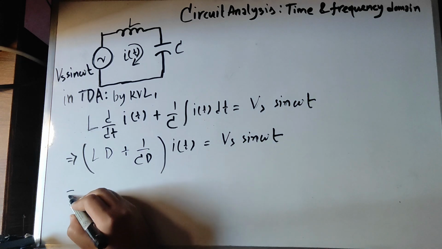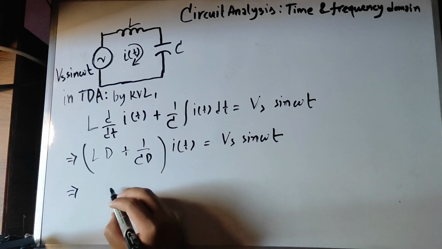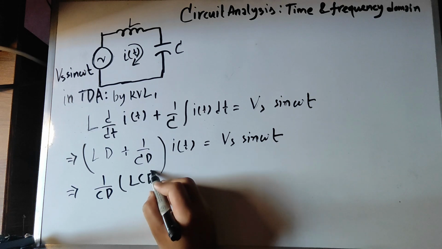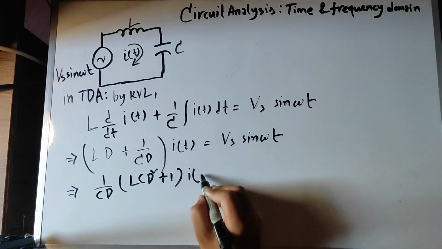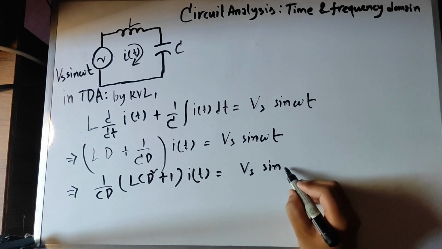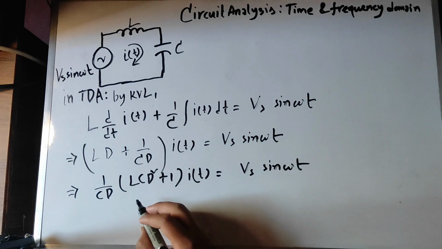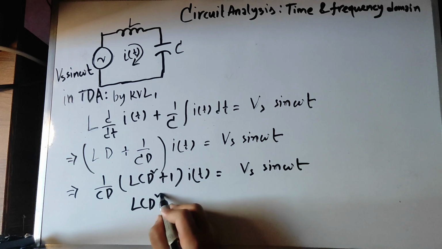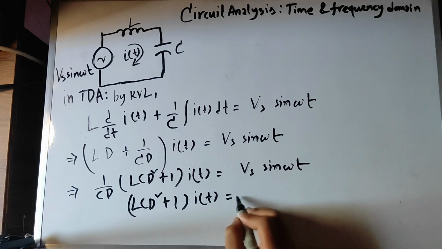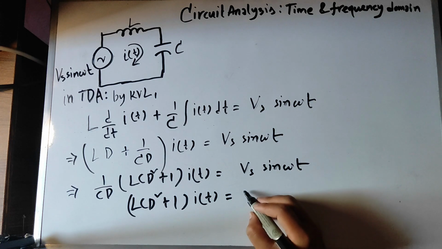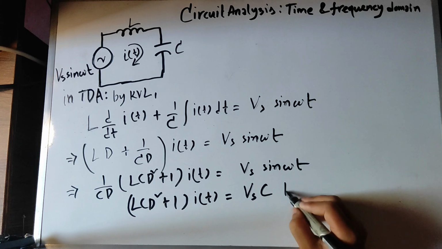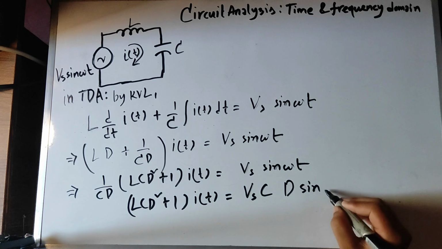So let us rearrange this. (LCD squared plus 1) i(t) equals Vs C D sine omega t.